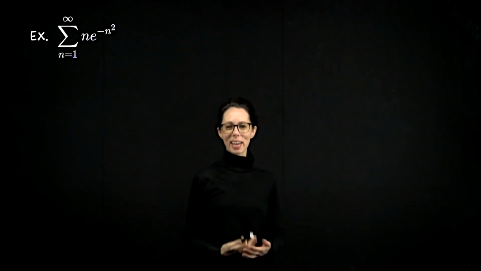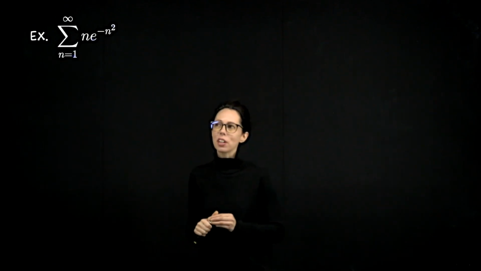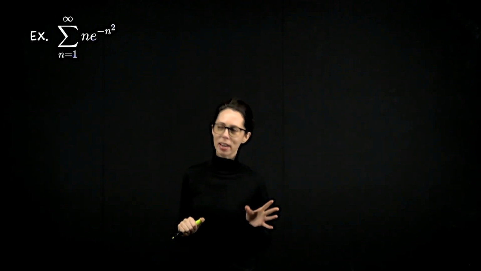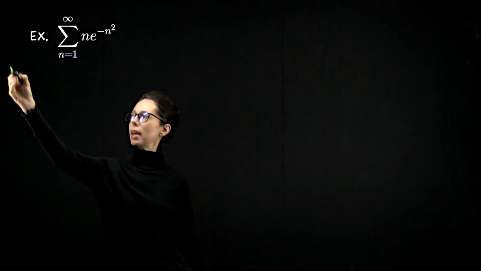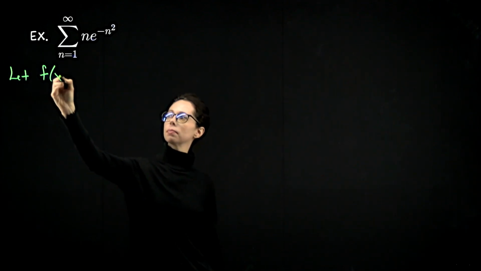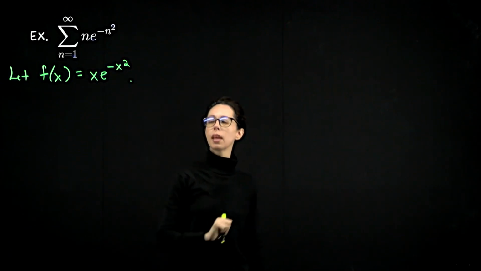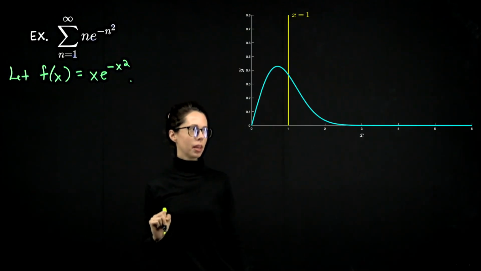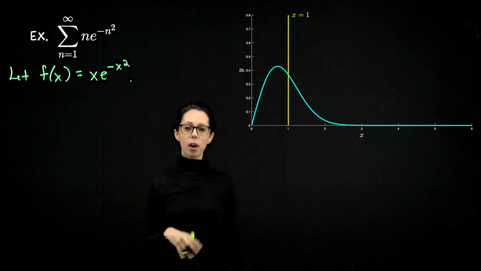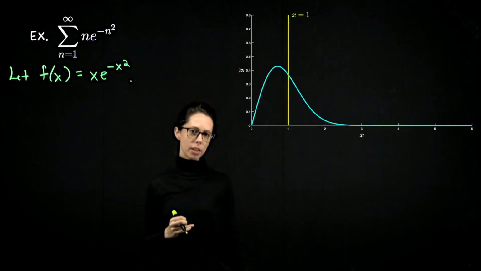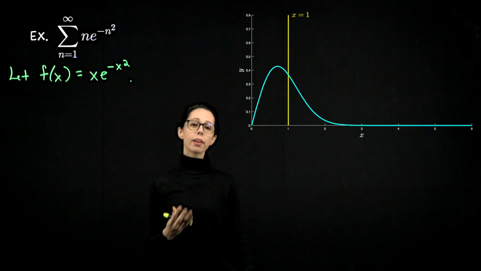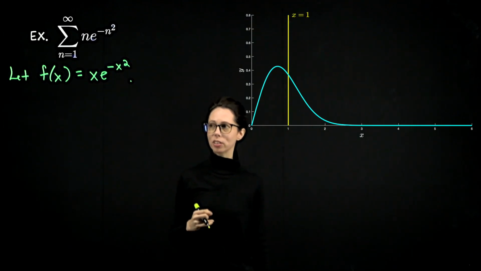What we're going to do is take that series expression and turn it into a function exactly like you expect. So everywhere I have n, I'm going to replace it with x. We'll say let f of x be the function x e to the negative x squared. Here's a graph of that function. So you can see that on the domain from 1 to infinity, this function is continuous, positive, and monotone decreasing. Therefore, it's a good function to test with the integral test.